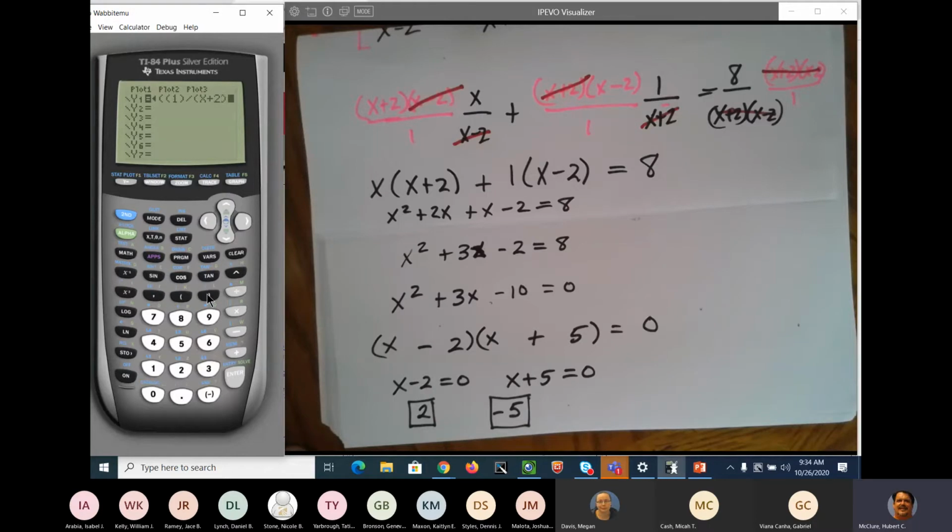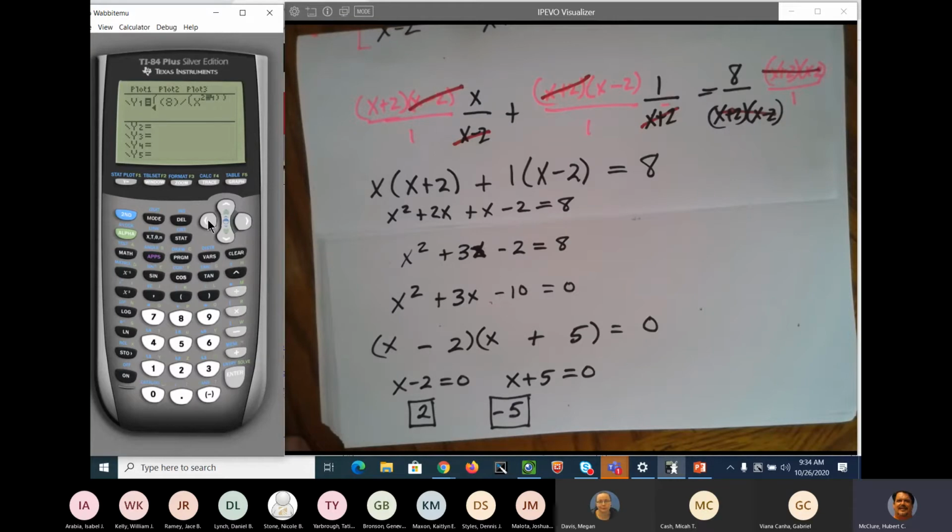Close parentheses, minus, open parentheses, 8, close parentheses, divided by, open parentheses, x squared minus 4. Oh gosh.